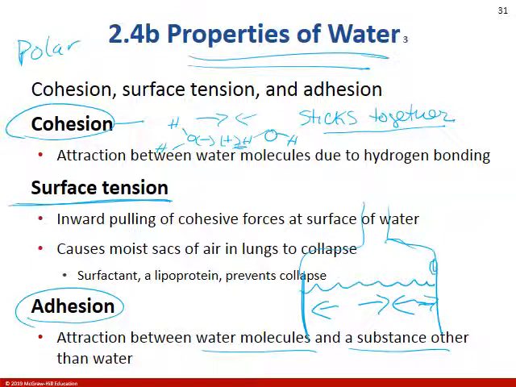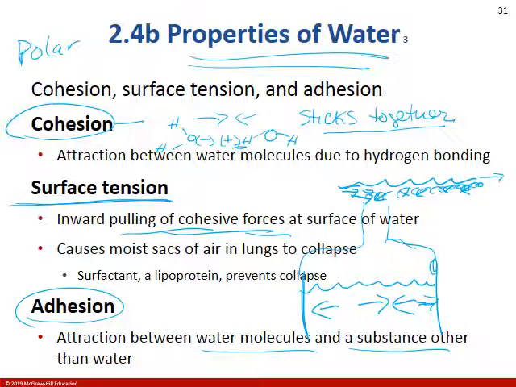Surface tension, the inward pulling of these forces at the surface of the water. So if you have water here, the water molecules are trying to stick to each other, and that forces them to be kind of really dense right here at the water level, and that creates surface tension.